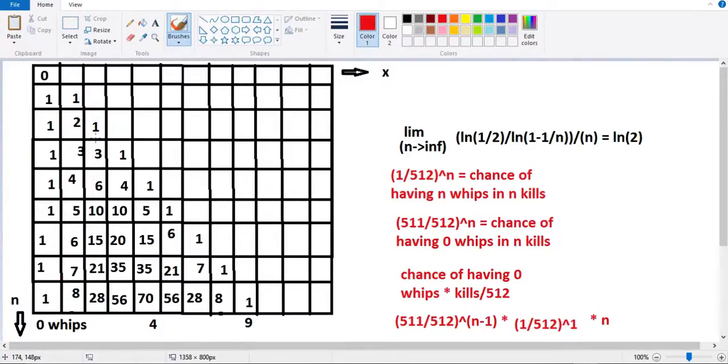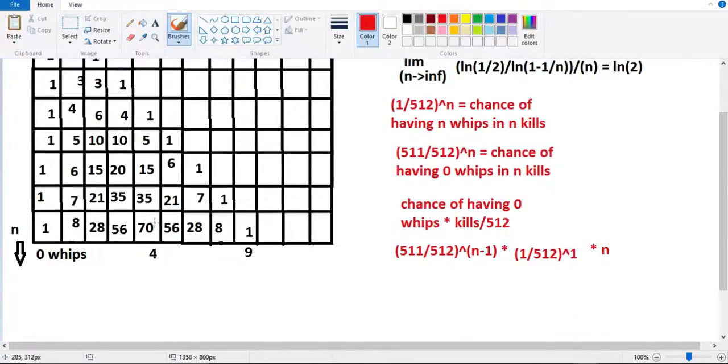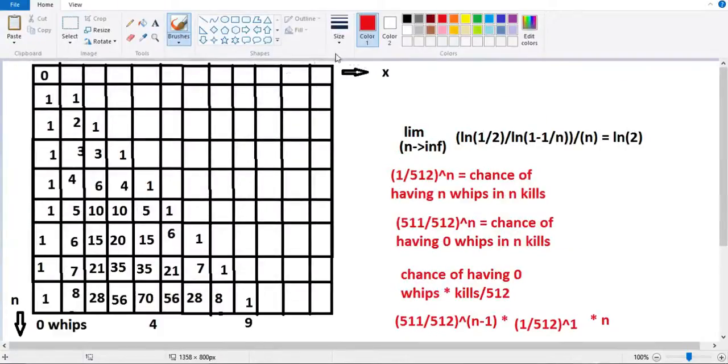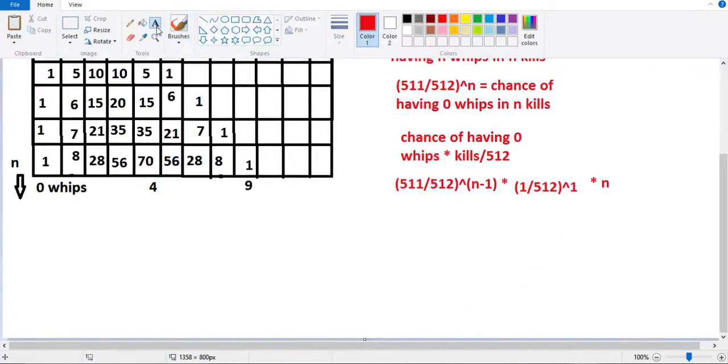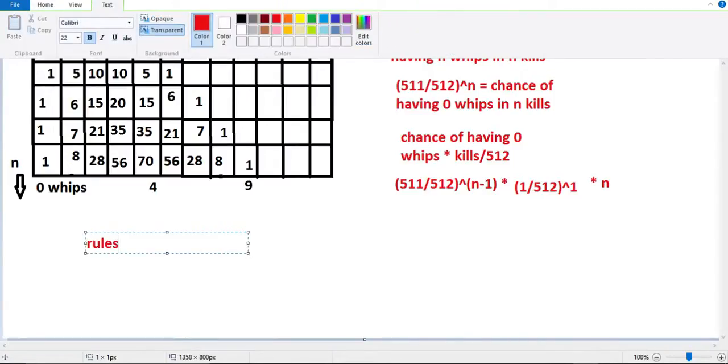Pascal's triangle is sick. If you want the probability of having basically 18 whips, you have to find the rule for x equals 18, which I don't have, and it's incredibly hard. Basically the rule for x, let's just go right here, the rules for mathematical equations.